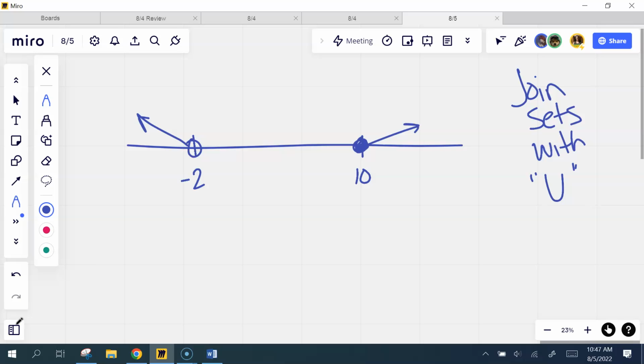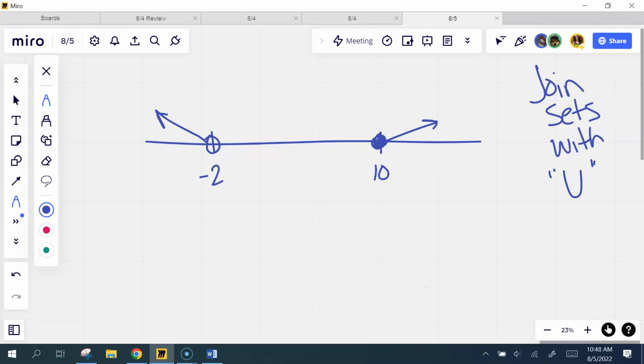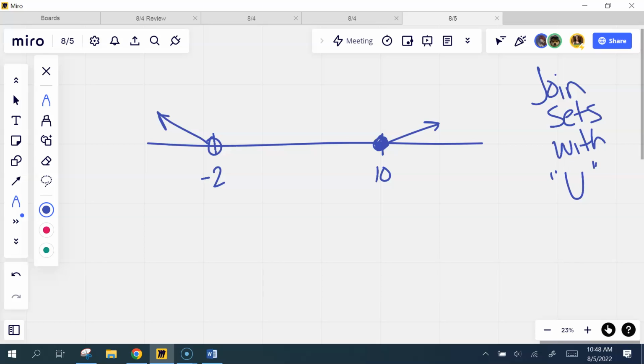So if I needed to write this one in interval notation, here's what I do. I'm going to describe this one first. Remember, I start with the smallest value it can take on. So what's the smallest? Negative infinity. And infinities always get parentheses, right? Then I do a comma, and that tells me to keep going up until I get to negative 2. Negative 2 is where it's going to stop. Do you agree? Okay, so I put negative 2 and tell it to stop. But then I'm not done, because I stop and skip some space, but I pick back up at 10.